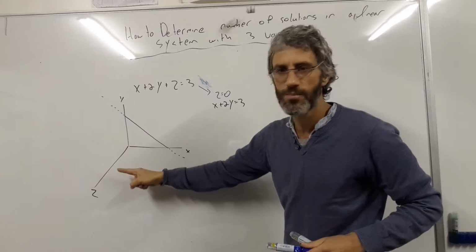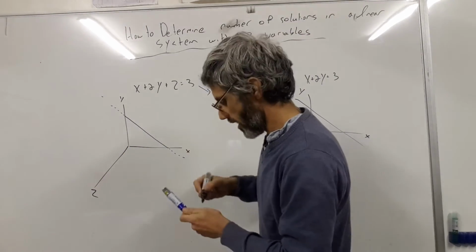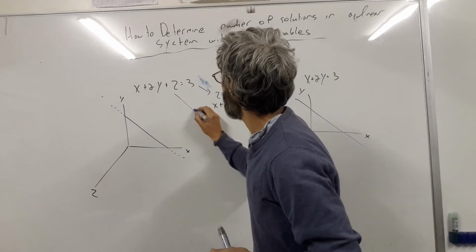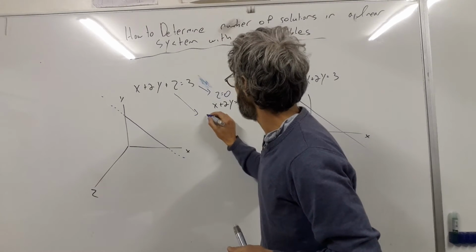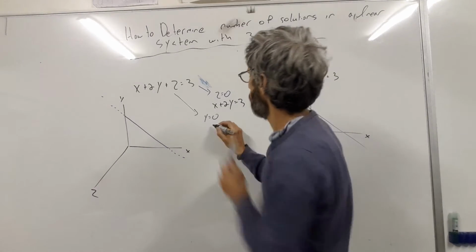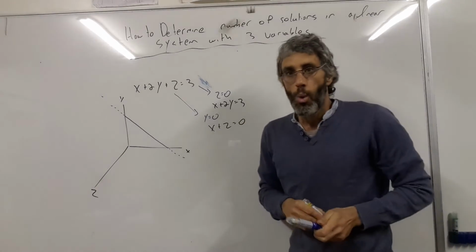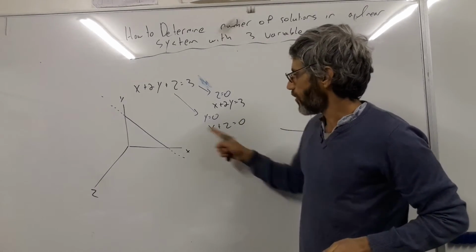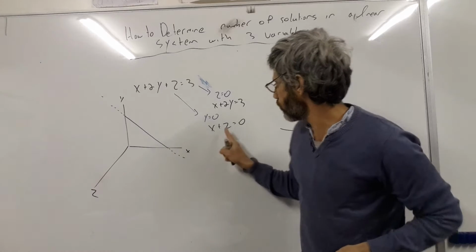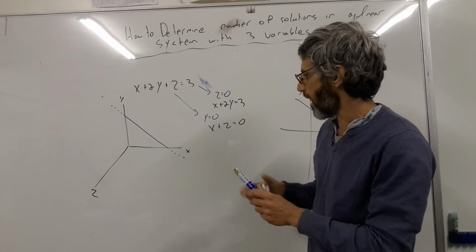The z is 0. But now let's rewrite this, and make y equal 0. When y is 0, what does this equation read? x plus z equal 3. Well, that's an equation on the xz plane, right? Because y is 0. If I write it in z, it'll be z equal minus x.